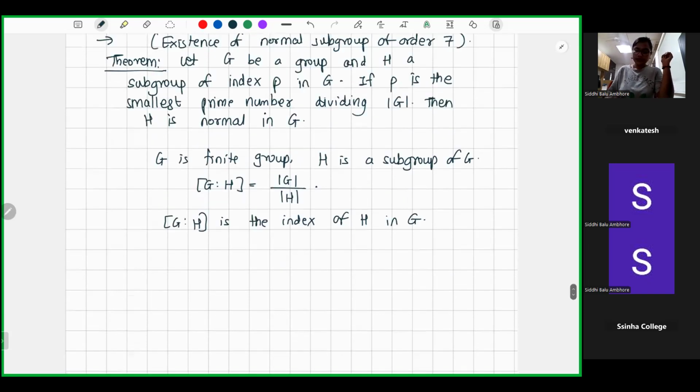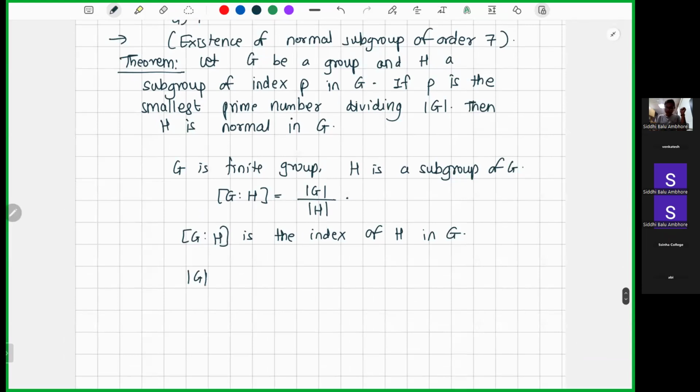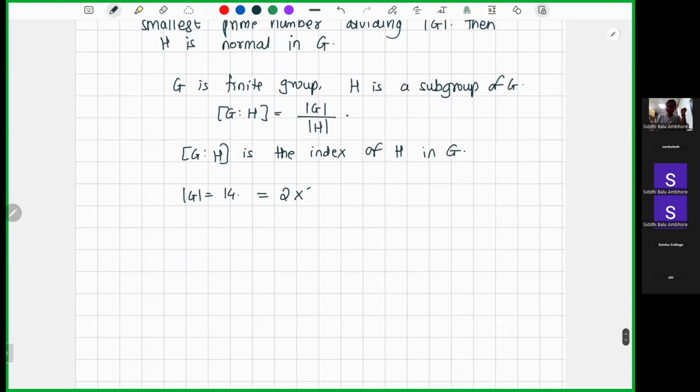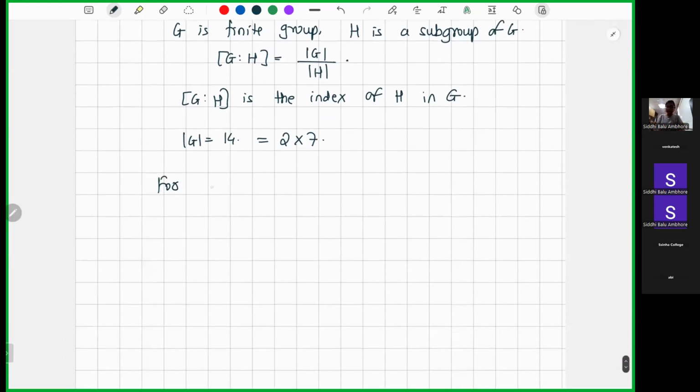So here my G has order 14, and that is 2 into 7. And by Cauchy theorem, we have that for any prime p dividing the order of G, there exists an element x in G such that the order of x is p.